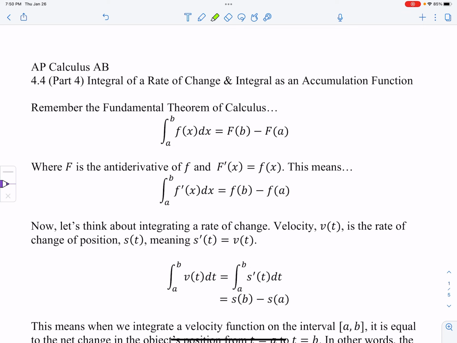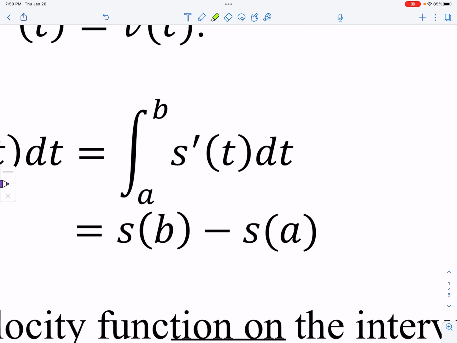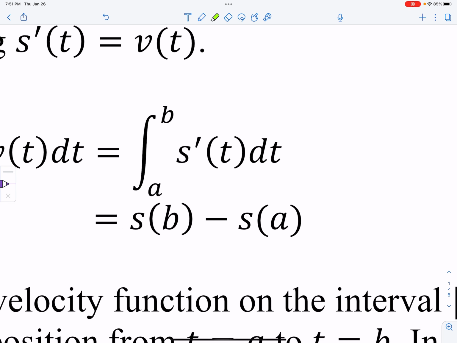When we integrate our velocity function v of t from a to b, that's the same as integrating s prime of t, so integrating the derivative of the position function. Then when we apply the fundamental theorem of calculus, we get s of b minus s of a.